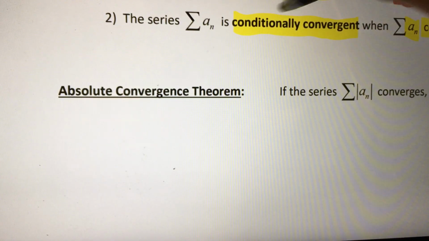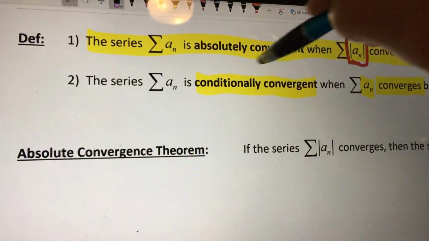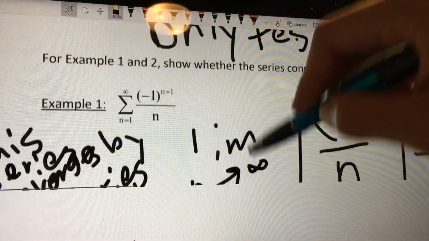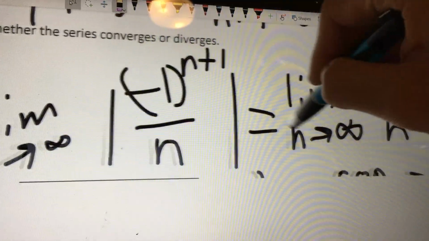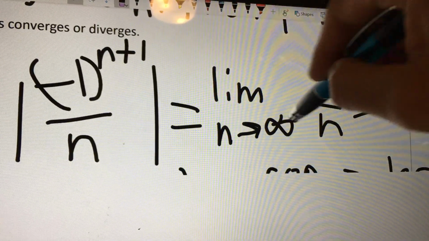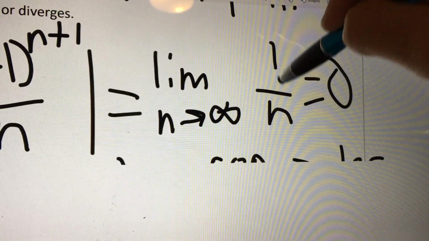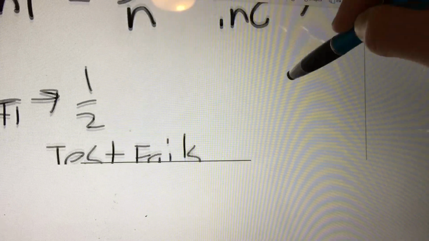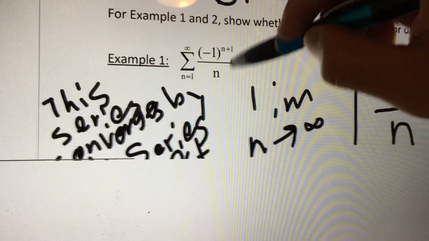So we can take this definition of absolutely convergent and check if this absolutely converges. And we know it absolutely converges because, as we can see, if we took the absolute value of it, it would end up being this. And if we do the divergence test, we know the divergence test fails because it equals 0. Because we also knew this converges.